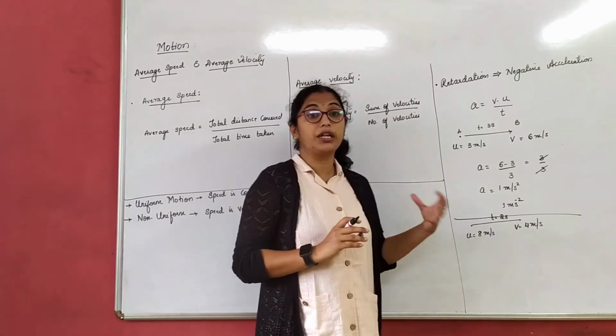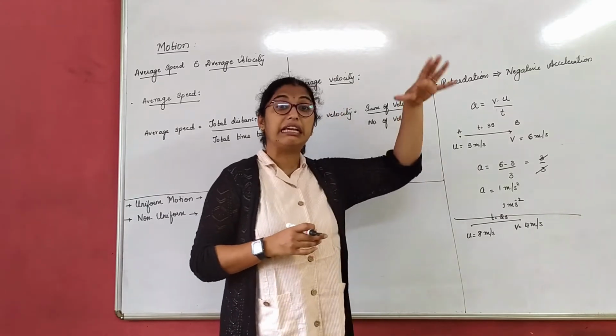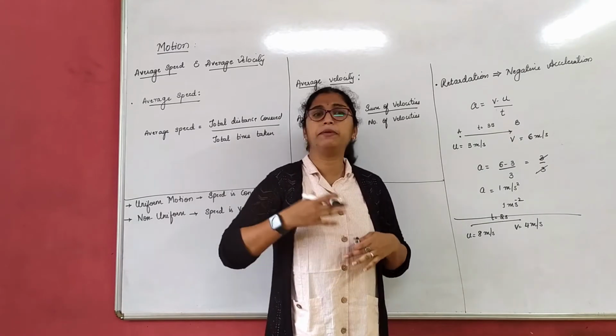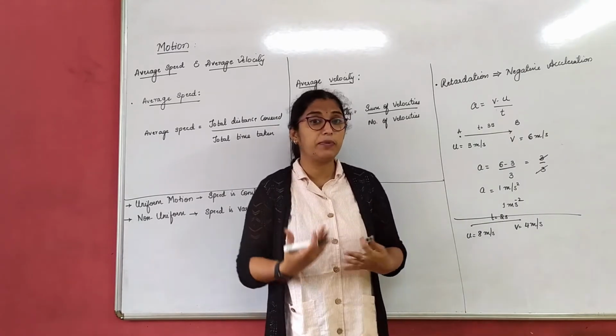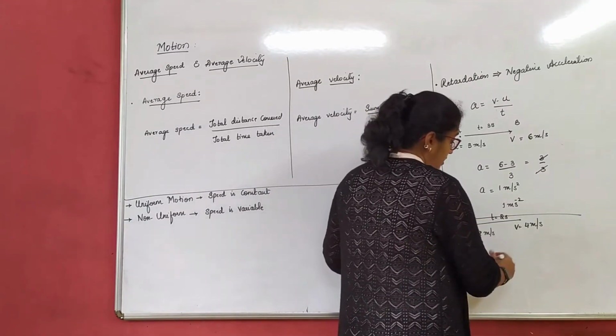Initially the body was moving with the velocity of 8 meters per second, but later it decreased the velocity to 4 meters per second. Might be the road wasn't good, so there were speed breakers. Now let me find acceleration in this case.